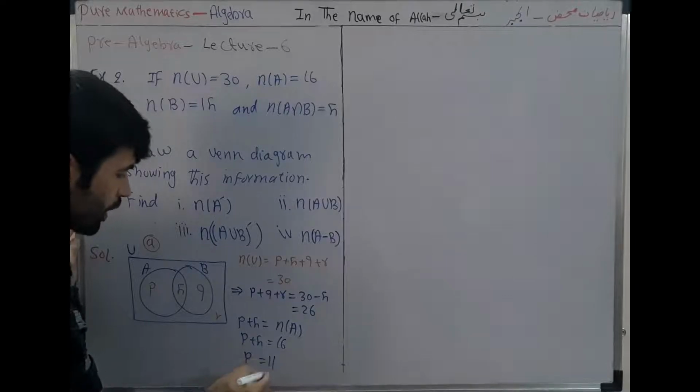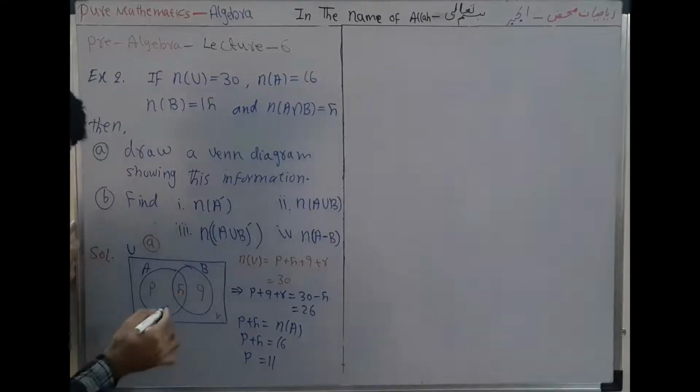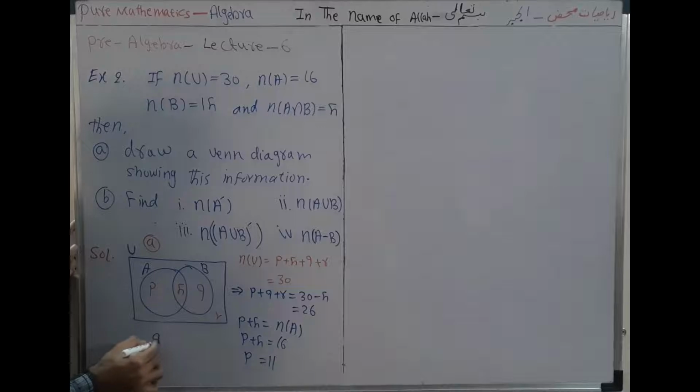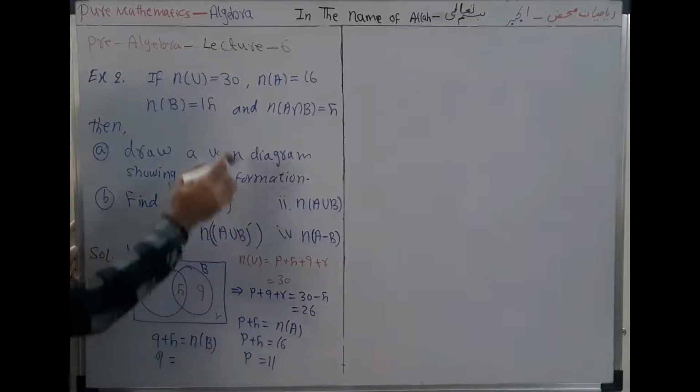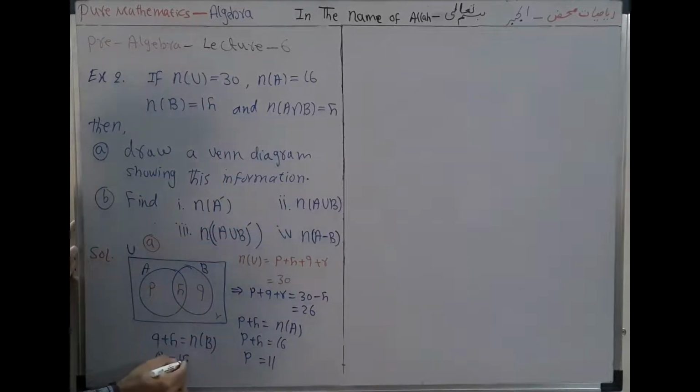P is equal to 11. Similarly, Q plus 5 is equal to n of B, so Q is equal to 15 minus 5, which is 10.